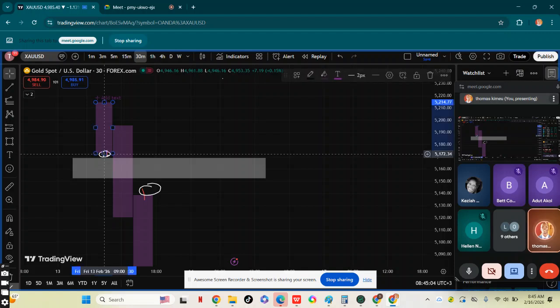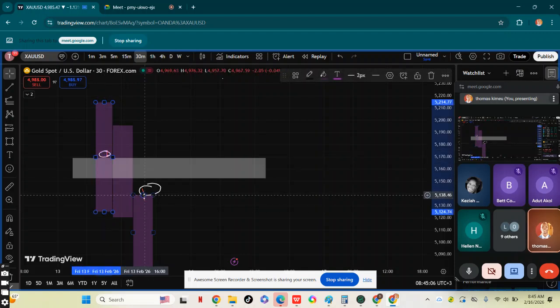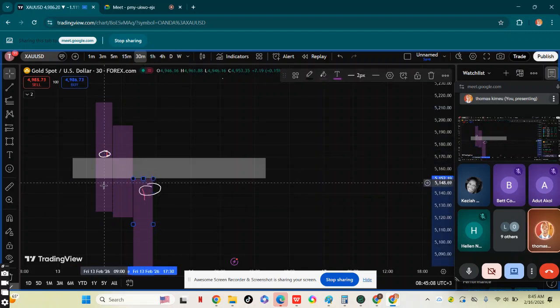Because these candles must lock like this. You can see this wick, this body or wick has already crossed, is already interconnected to this one. So there is no gap.